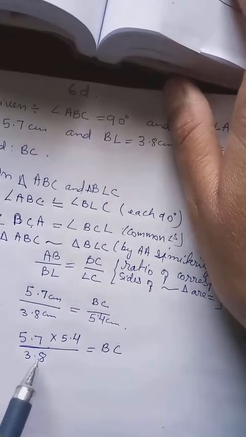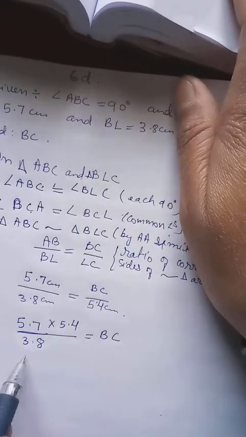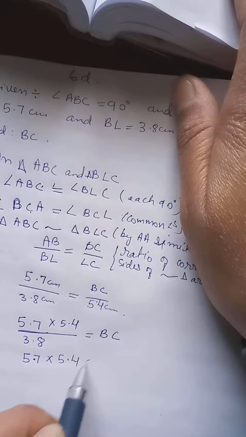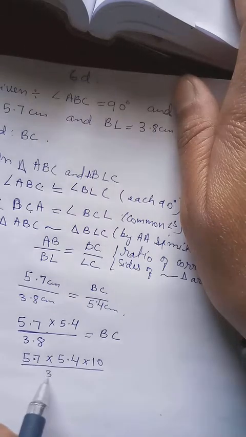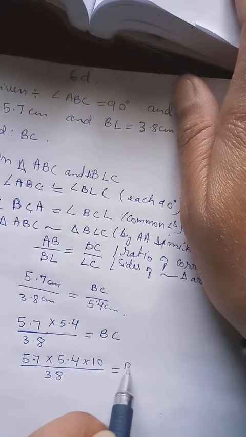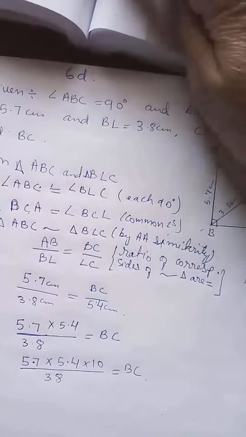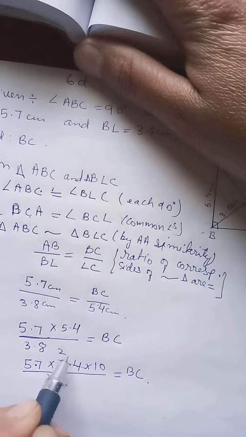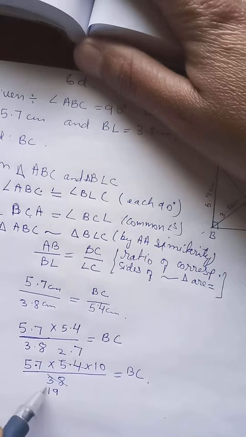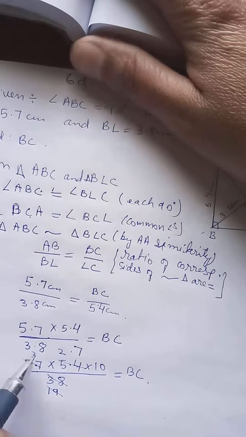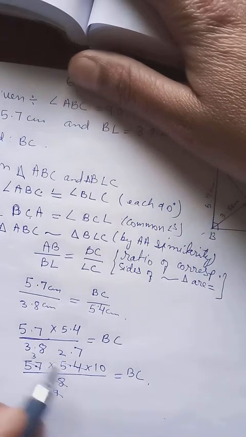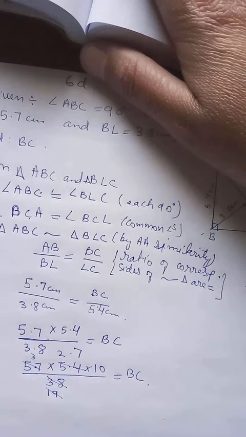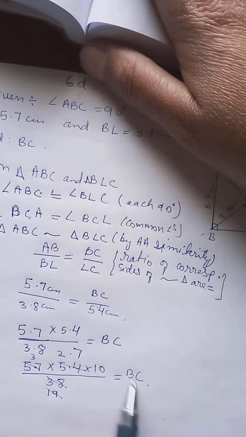In order to divide, here we can remove the decimal by putting 10 up. So here we can have 2 into 19, 2 into 2, 2 into 7, then 19 here into 3. So 3 into 7 we have 21, 2 into 3, 6, 7, 8. So we have BC equal to 8.7 cm. Please multiply yourself. You will get the answer.